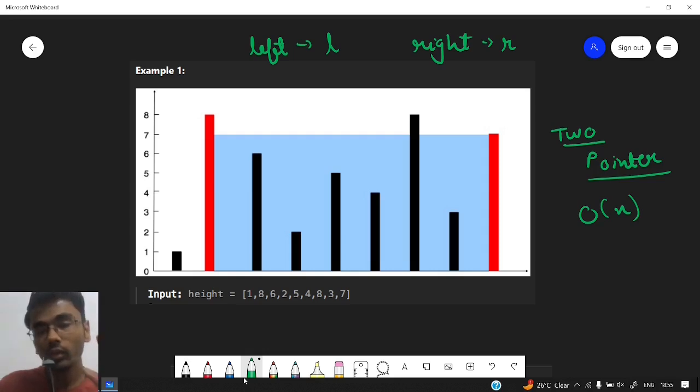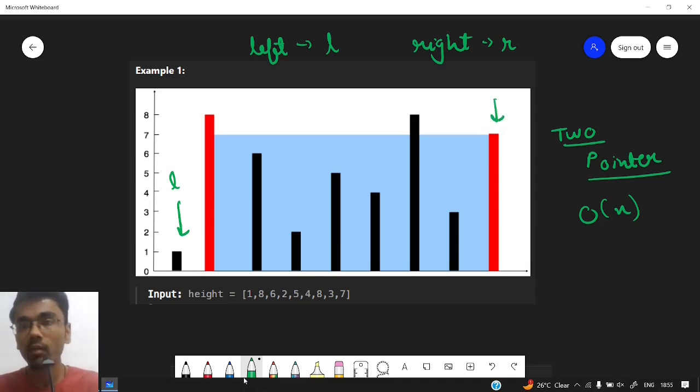First, understand what the question was actually trying to find out. The question was saying that we need to find the maximum amount of water. So just think by clear logic what can be the maximum amount of water that we can get. Obviously, we will start with our left pointer here and we will keep our right pointer here.